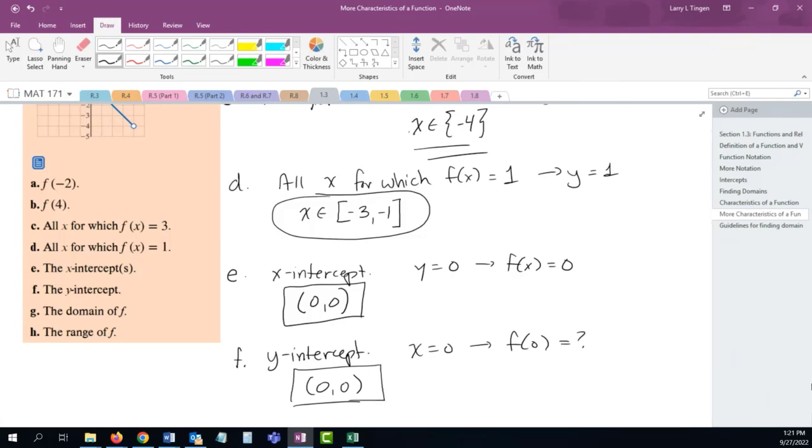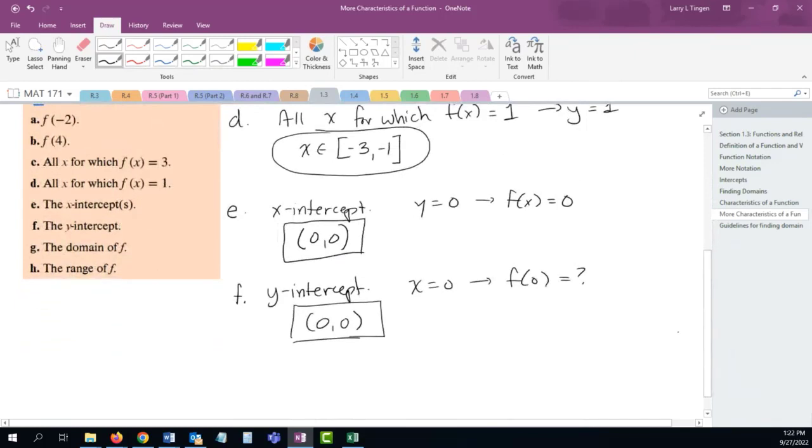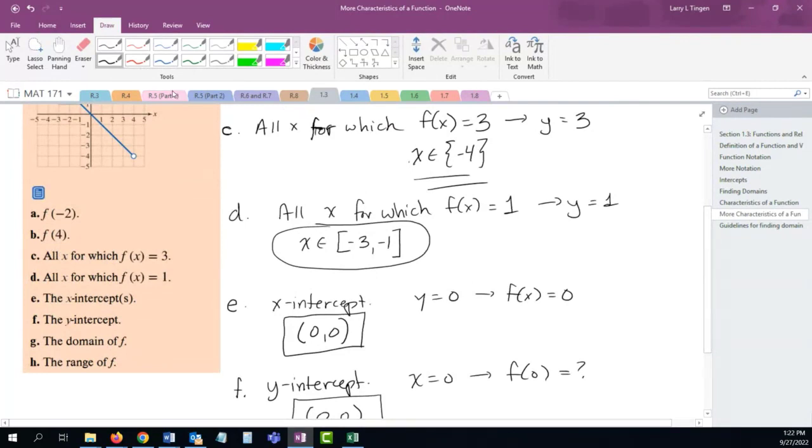If you cross at the origin, then your x-intercept and your y-intercept are going to match. There may be more than one x-intercept. But if you ever have an x-intercept of (0, 0), you're going to have the y-intercept at (0, 0). If you have the y-intercept at (0, 0), you're going to have the x-intercept at (0, 0). And the reason is the origin is the point where the x and the y-axis intersect. So if I'm crossing one of them, I'm crossing them both at that point.